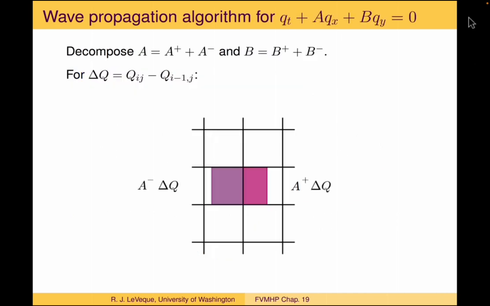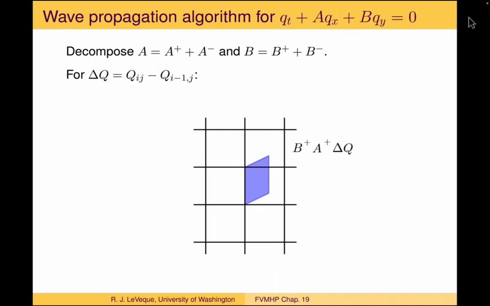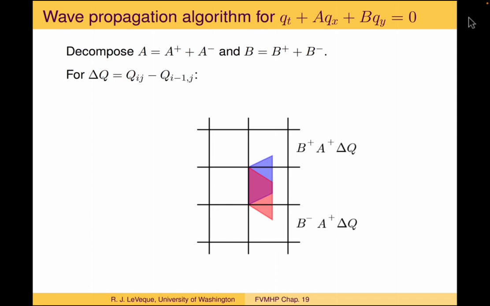If you remember, in 2D, if we have these fluctuations going to the right and the left, then the idea is that the right-going fluctuation, for example, we should really split up into a part that's also going upwards and a part that's going downwards. And the left-going fluctuation should also be split up into an upgoing part and a downgoing part.